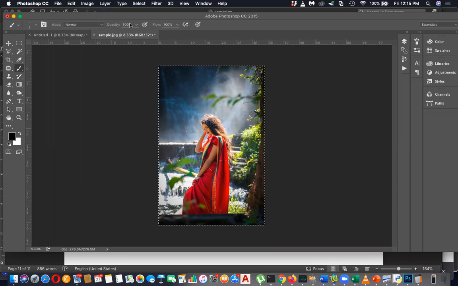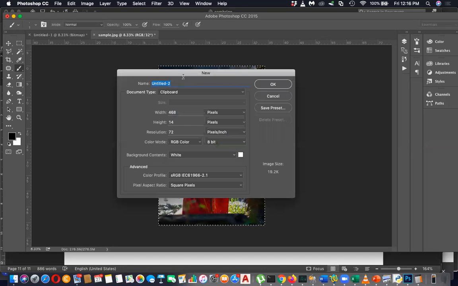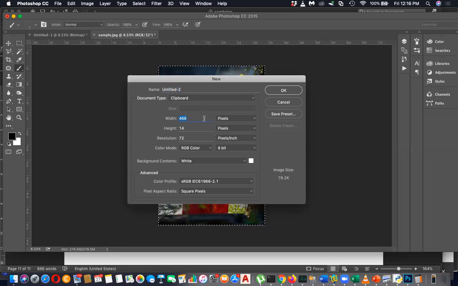Let me know what is the size of the first image. 4 by 3 inches, the second question, sir. Yes, 4 inches by 3 inches.